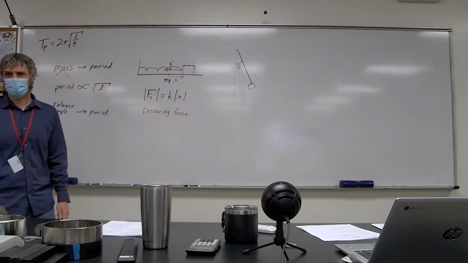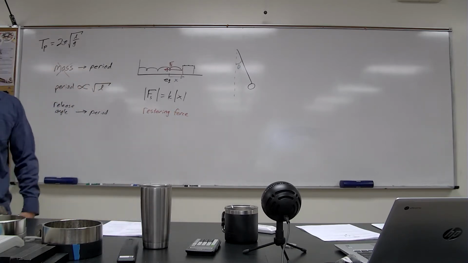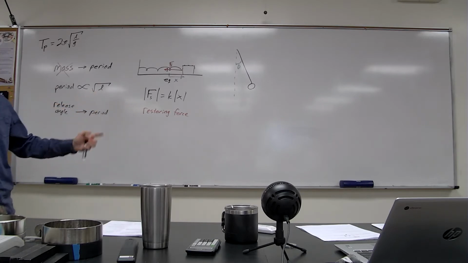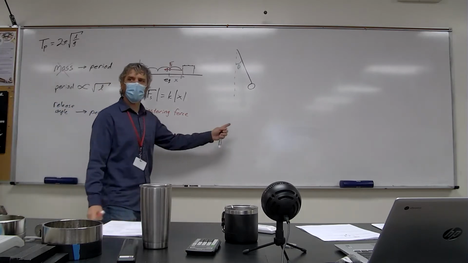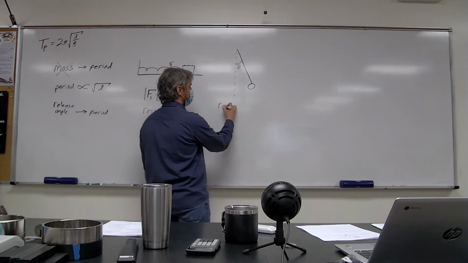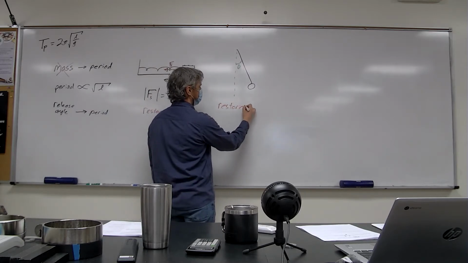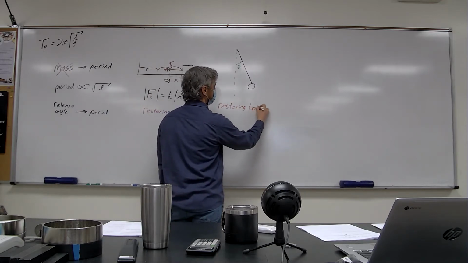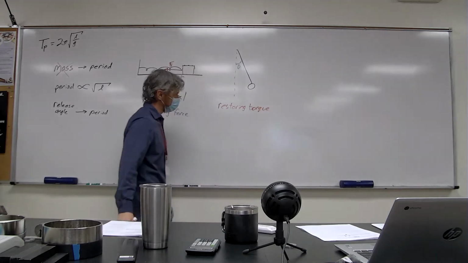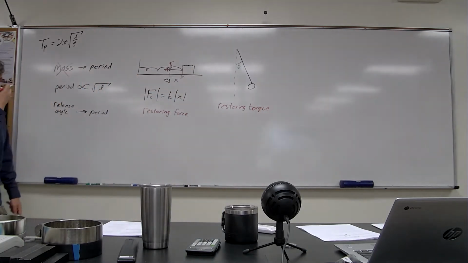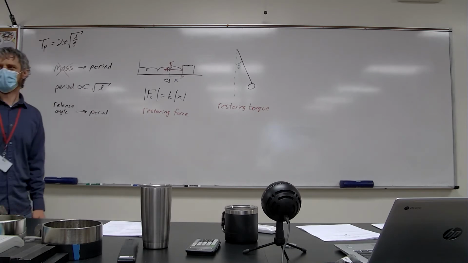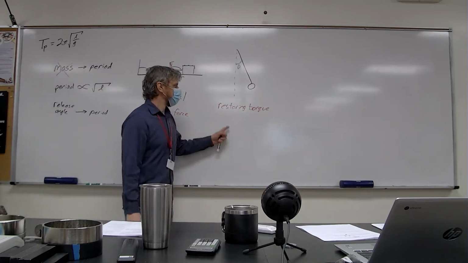Force is easy. Force is real simple. It's just how many newtons are you pushing or pulling with. Torque is more complicated. And torque is actually going to be one of the central themes to our next unit, which is rotation, which will be your favorite unit by far. Okay. You get a restoring torque.